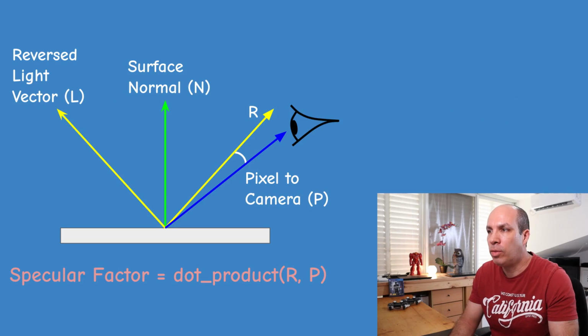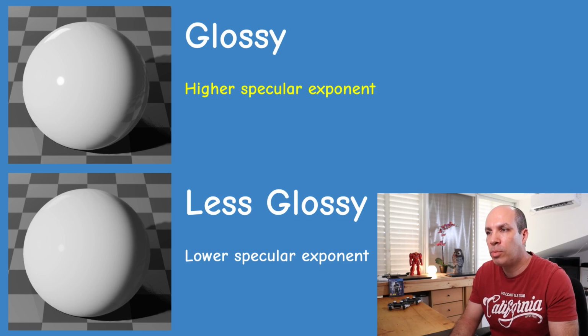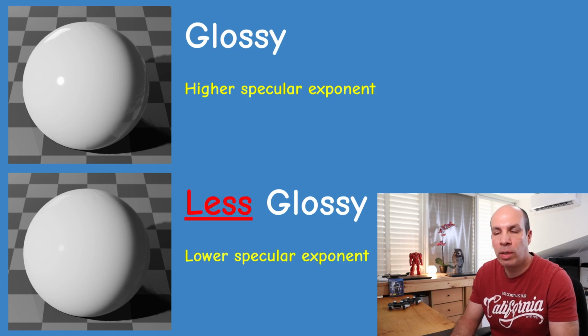We basically take the result of the dot product and we raise it to the power of this specular exponent. Since the valid range is between 0 and 1, the higher the specular exponent is, the more drastic falloff of the specular factor will be. The modeling software will use higher levels of specular exponent for shiny materials and lower values for more glossy ones.